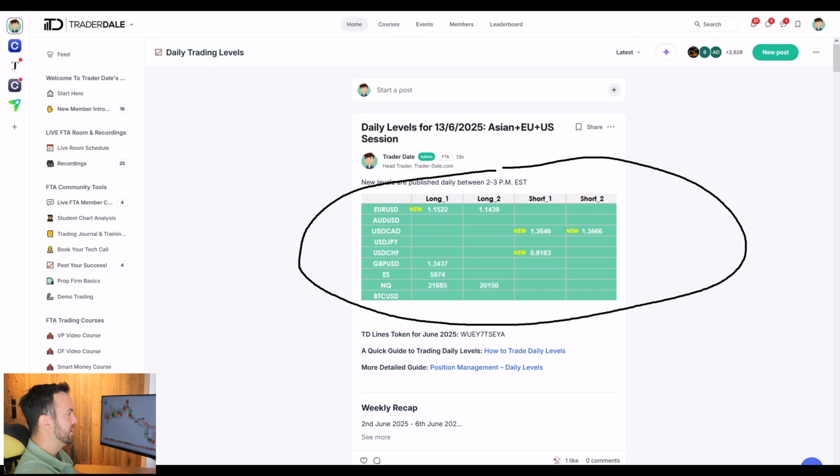This is the newest table, and the levels that I was showing you were this long on the euro dollar, this short on the Canadian dollar, this long on the ES, and the long on the NQ, right? Everything is published on this table. All the members are able to trade those levels alongside me, and they get that table always in advance.